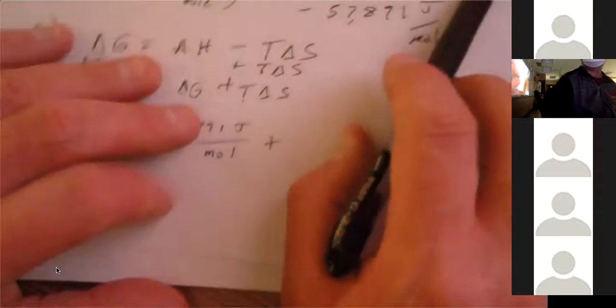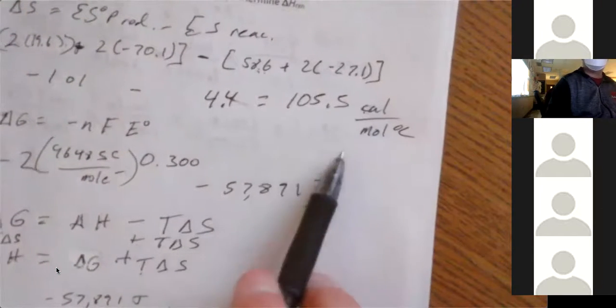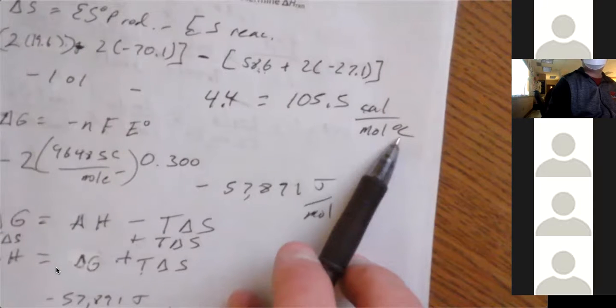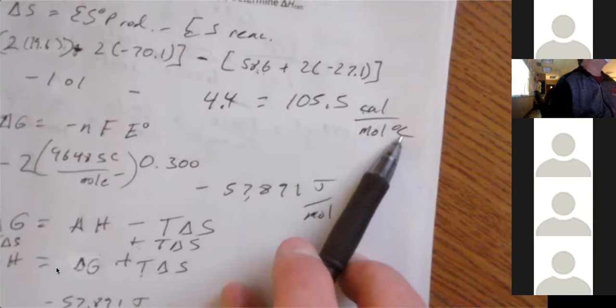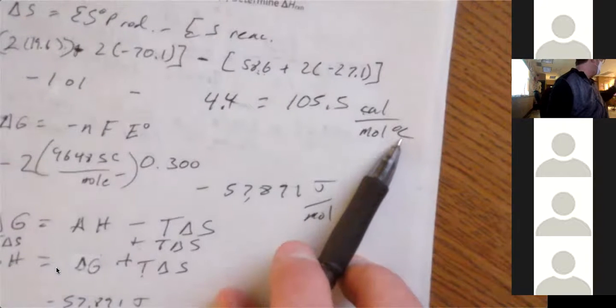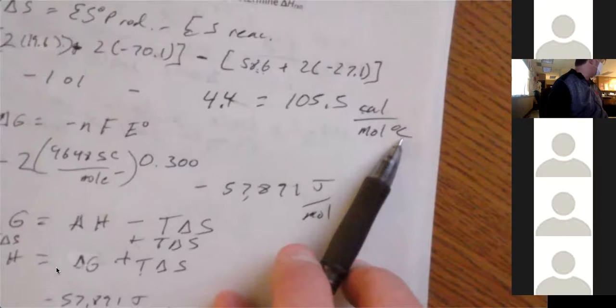I think we're going to have to change this from calories to joules and from degrees Celsius to 298. But it would be per degree Celsius. And 1 degree Celsius is how many degrees Kelvin? 1. Does that make sense? So we can flat out change that to, for every 1 degree Celsius, it's 1 degree Kelvin. Even though we don't like degrees Kelvin.